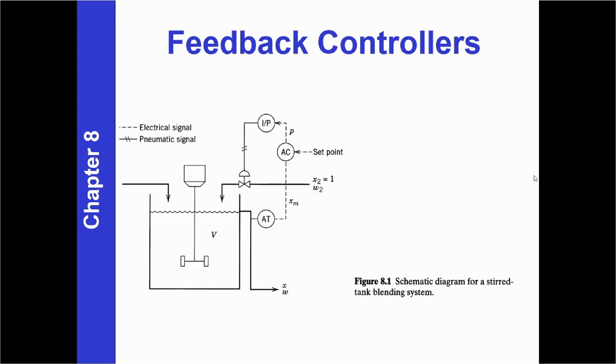So the symbol before that arrow going into the tank is a valve, and this is actually controlled by a pneumatic signal, and that reflects the set point as well.